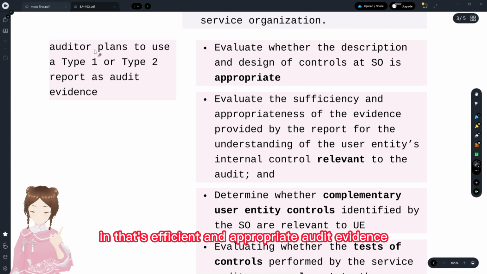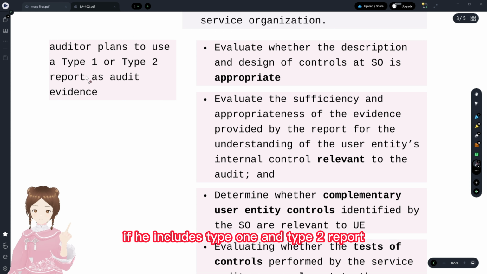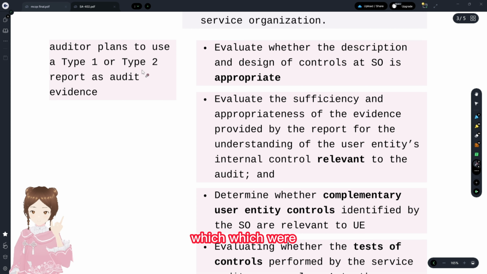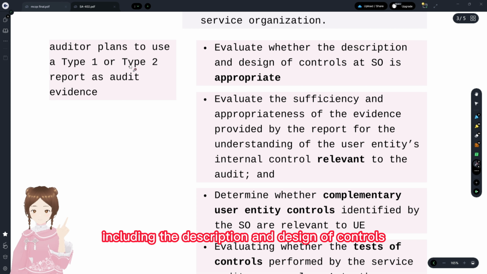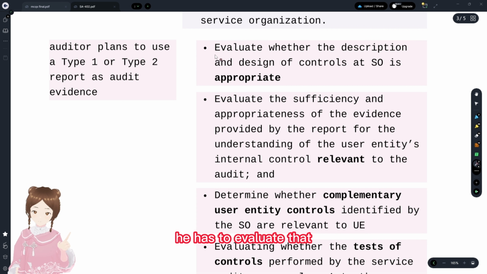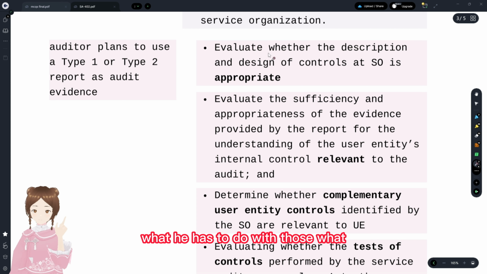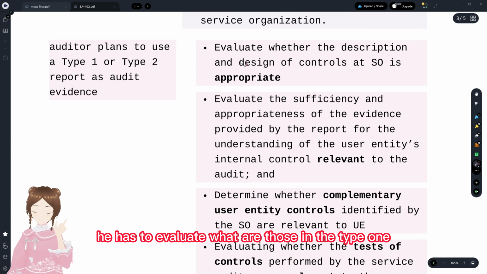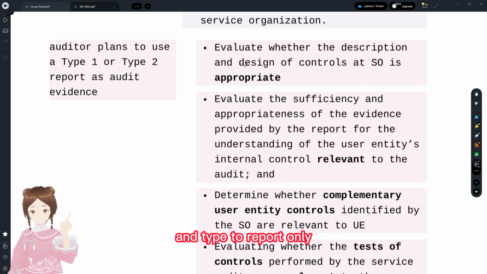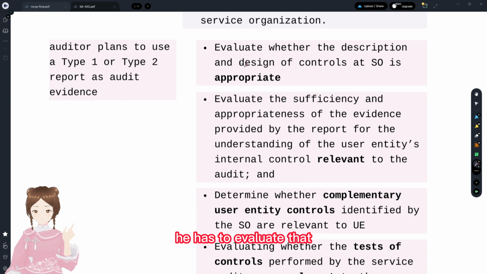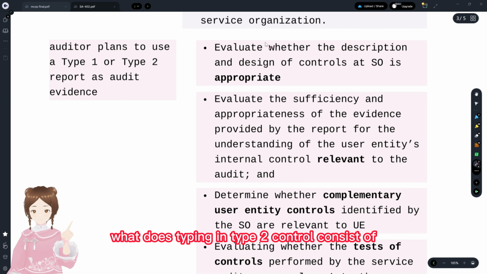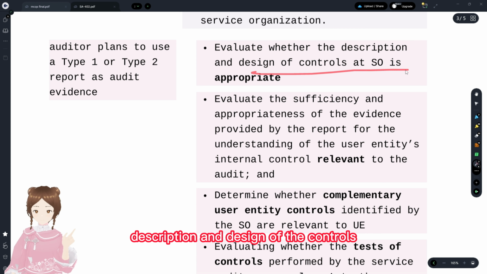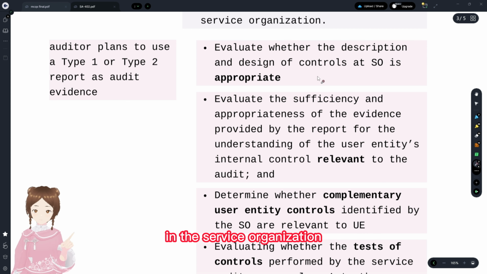Now, in that sufficient and appropriate audit evidence, if he includes type 1 and type 2 reports, which include the description and design of controls, he has to evaluate that. What does he have to evaluate? He has to evaluate what is in the type 1 and type 2 report. What does a type 1 and type 2 report consist of? The description and design of the controls in the service organization.